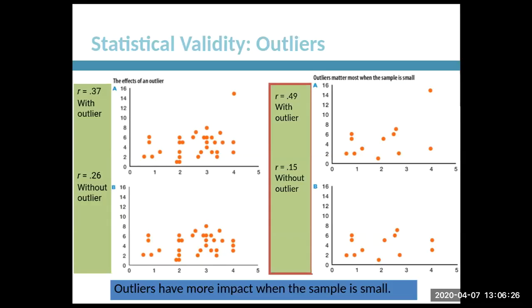Here we see a bunch of cases, and I'm not going to count them, but there's over 20 cases here. With the outlier in the data, the R value, the correlation, is 0.37. So it's moderate. Without it, if you took out the one really extreme score, the rest of the data is closer together, and we see a less positive effect.